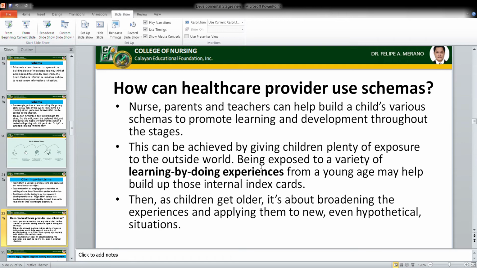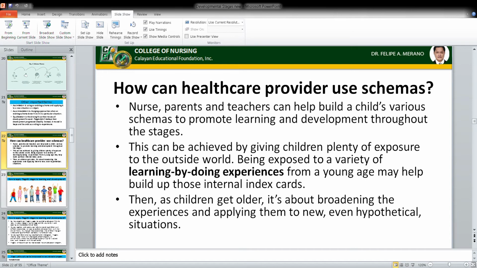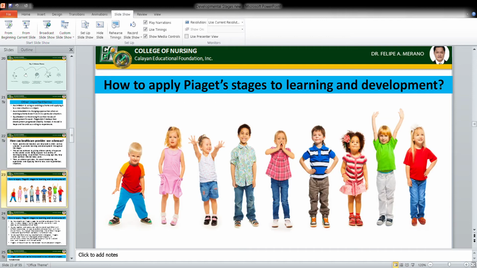So hindi ka lang nananatili doon sa natutunan mo ngayon sa nursing, but then when you are a professional na, there are many add-ons to better improve those processes. That's why you as a nurse must improve hypothetically in every situation, in every learning procedure, in every concept in the knowledge of nursing.